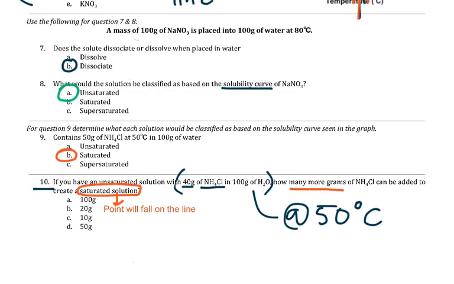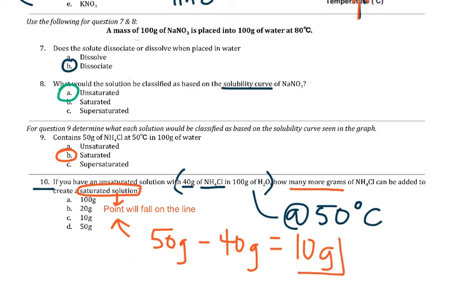So you find the difference. We need 50 grams in order to be saturated. We have 40 grams, so we need to add 10 more grams. We're answering this question to have a saturated solution.